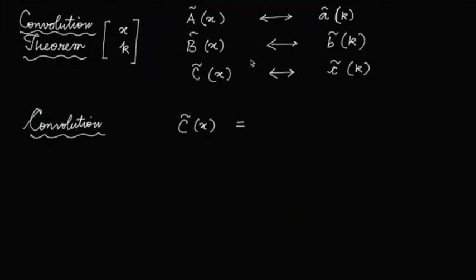So there is an operation which is called convolution. This operation is such that if you give it two functions, it will give you back one new function. Here, if I give it two functions, a and b, it will give you back c. And I write this just as notation. So this is the convolution. Now the question is, what is this operation?